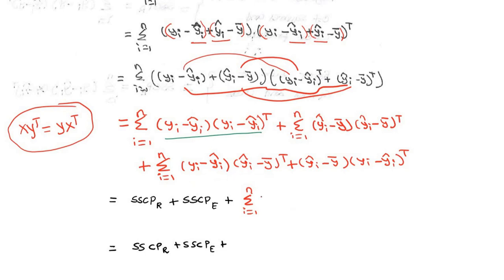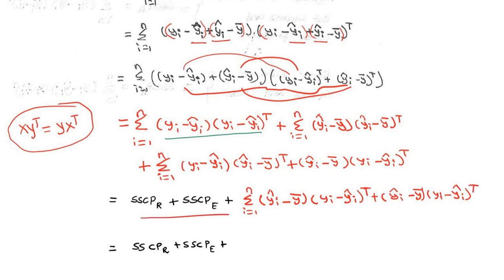Therefore you may write this as (yi cap minus y bar) transpose into (yi minus yi cap) transpose, and the second term is unaltered. We write the second term as it is, that is (yi cap minus y bar) into (yi minus yi cap) transpose.